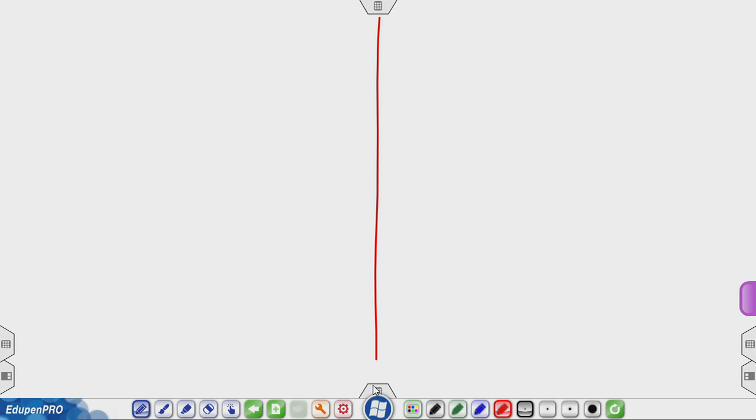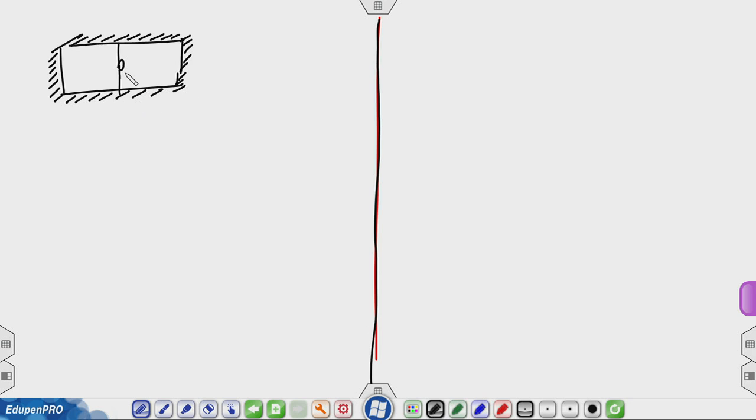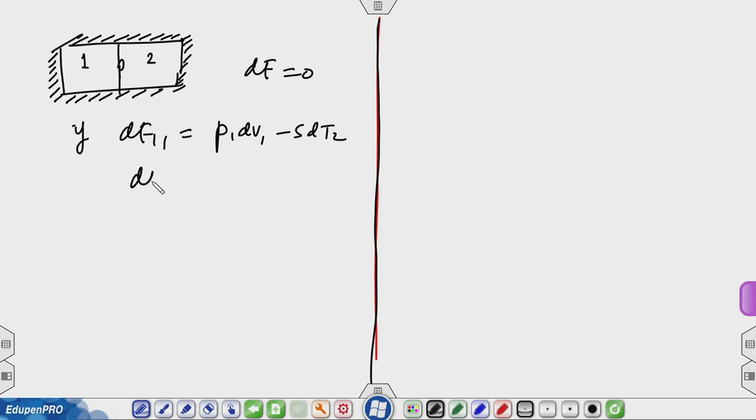So, given the situation where I have an isolated chamber, chamber 1, chamber 2, dF is equal to 0 if dF1 is taken to be P1 dV1 minus S dT1 and dF2 is taken to be P2 dV2 minus S dT2.